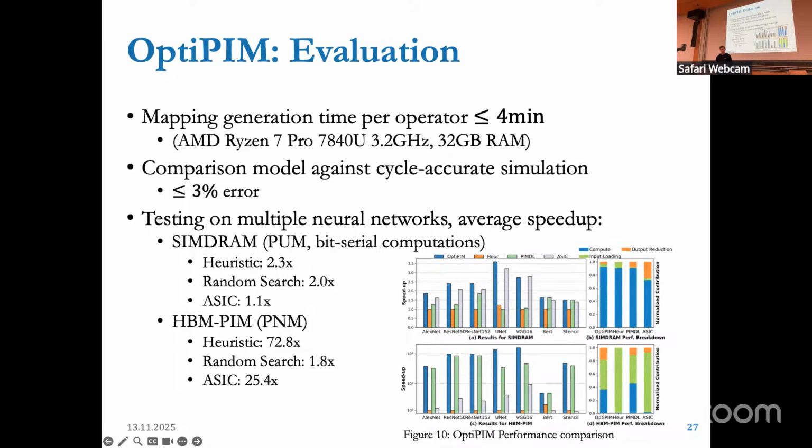So compared to those, actually, which is good, OptiPIM is always better. You can see that there's a very wide spread against different ones. Let's first focus just on the SIM-DRAM, because there we can see that the custom chip implementation is very, very close to OptiPIM. And that's just because, which you can see here on the right, the compute time is such a big amount of the time that it actually takes, because in SIM-DRAM we have to bit serially compute every single one.